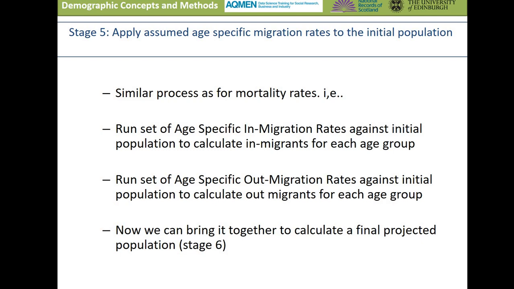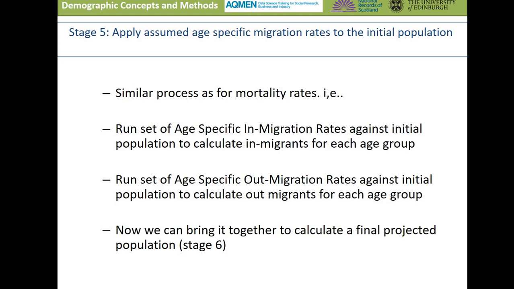We can do the same for age-specific migration rates, so exactly the same process as I've been through for mortality rates, except that here we're using age-specific in-migration rates with our initial population to calculate migrants for each age group. We can do the same for out-migration rates, apply those to the initial population to calculate our out-migrants for each group.